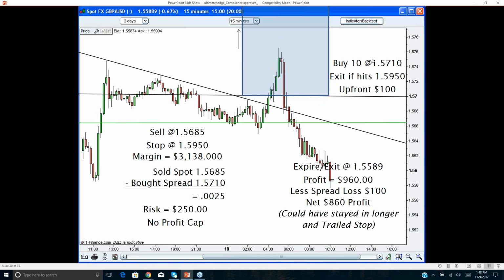But now you did take a loss on these spreads, right? Because you had these $10 of risk on each spread times 10. So you made $960 on your spot forex. Take out the cost of the spread, the 10 spreads, which was your hedge. Now you netted $860 in profit.